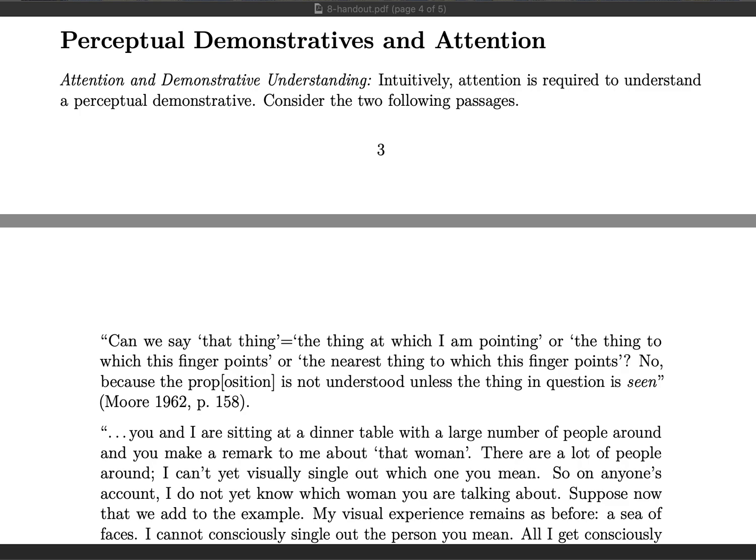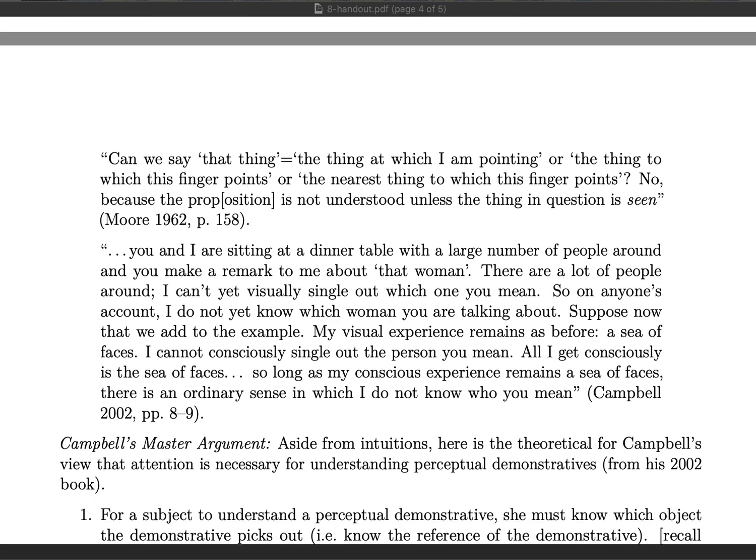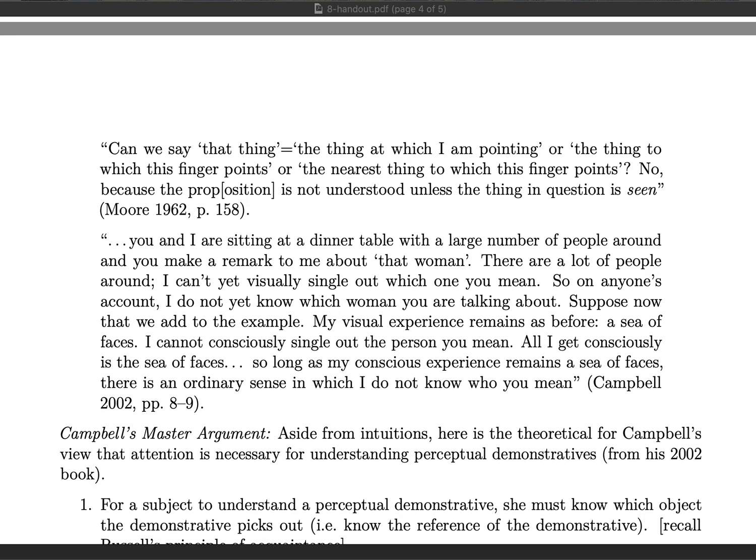It's a very old insight, and it's captured in the following passage. Can we say that thing equals the thing at which I'm pointing, or the thing to which this finger points, or the nearest thing to which this finger points? No, because the proposition is not understood unless the thing in question is seen.